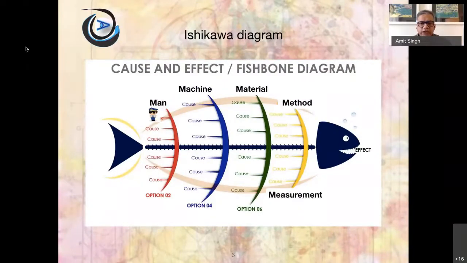So Ishikawa fishbone ended here. Later on, three more were introduced. Three elements were mission, management, and maintenance. So now if you see, there are a whole lot of factors which ultimately come together to cause that effect. And the pilot is one of the contributory factors.